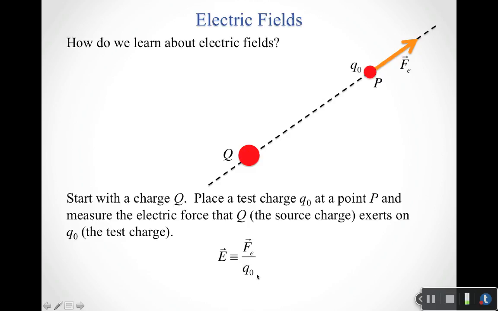So to get rid of the test charge, I'm basically going to divide the electric force by the test charge. I'm going to take something that depends on two charges and get rid of one of them. So I'm going to have something left, the electric field, that only depends on my source charge.